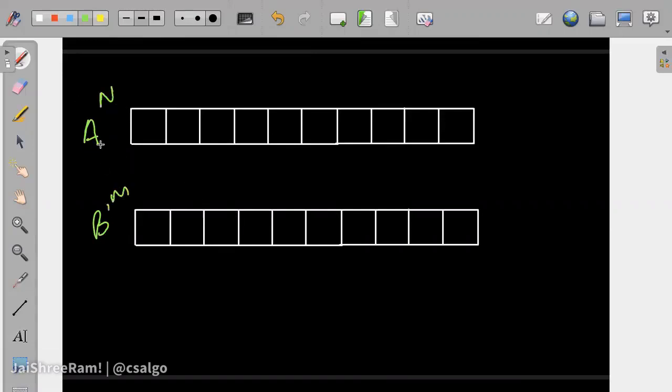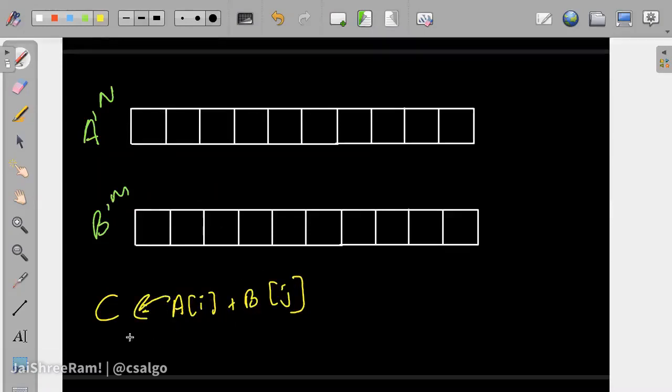Now from these arrays you create a C array in which, for all pairs of elements, one element taken from A and one element taken from B, you insert A of I plus B of J into C. This particular element goes into C.